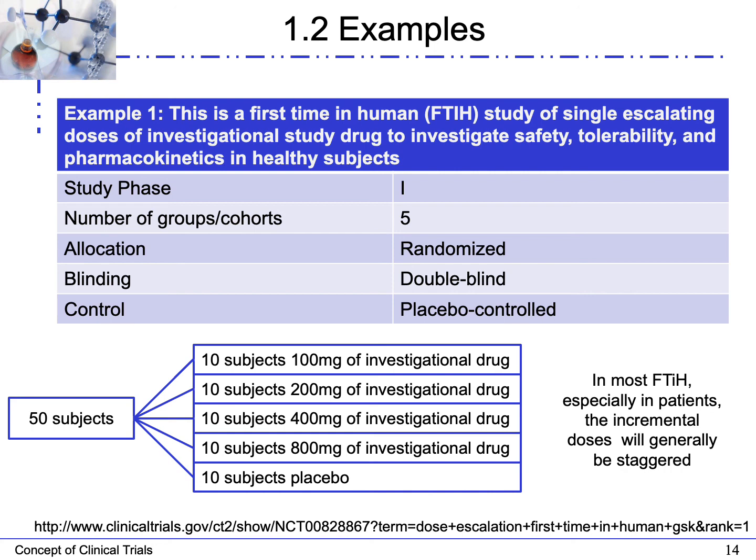Meaning that, after 10 subjects received 100 microgram and 2 subjects received placebo, and that no safety signal arises, then you would move to the next dose, with 10 subjects receiving the 200 microgram and 2 subjects receiving placebo, and so on and so forth. So really, the incremental doses are generally staggered for safety consideration.